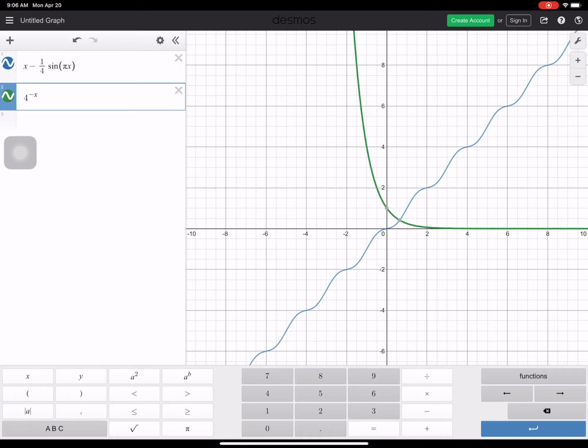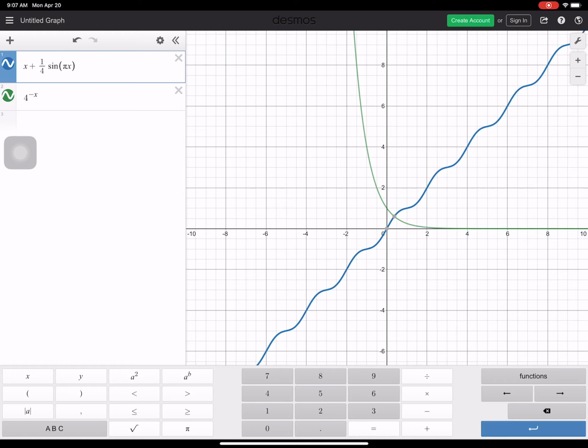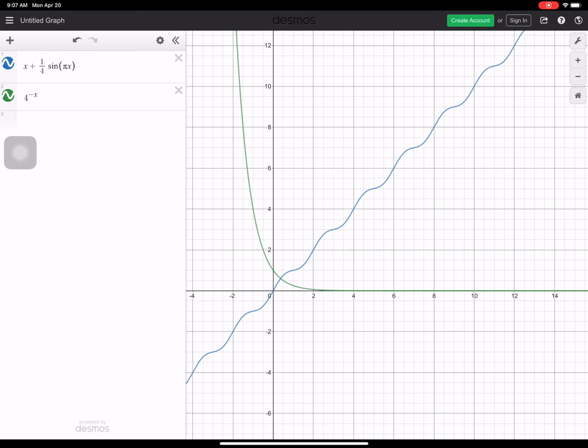Oh wow, I did that wrong. Let's put a plus sign between these two, and 4 to the power of negative x.